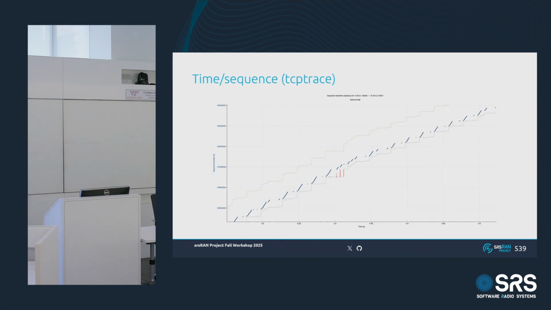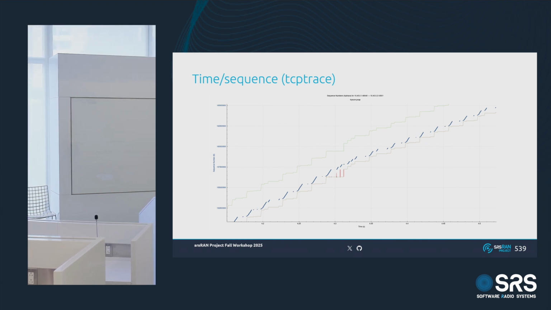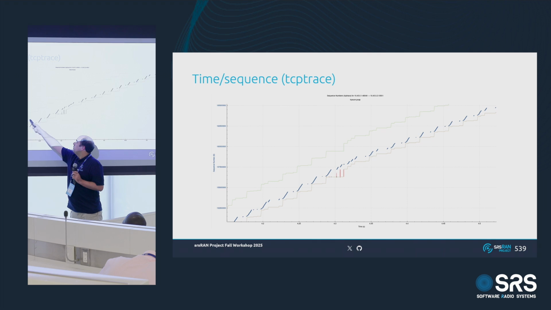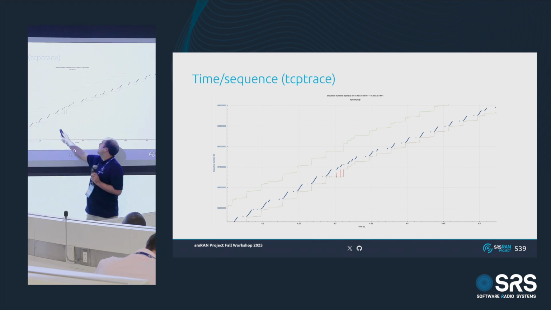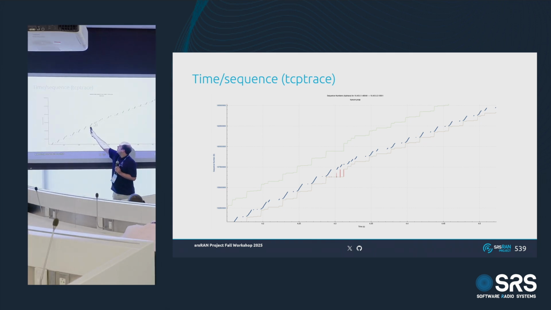Finally, just a mention of this plot, which is also very interesting: the time sequence, the TCP trace. The brown line will be the ACKs, so the lowest sequence number that has been ACKed. The white line is the receive window. The blue is the sequence numbers as they grow. And also, you can see here there was a loss.